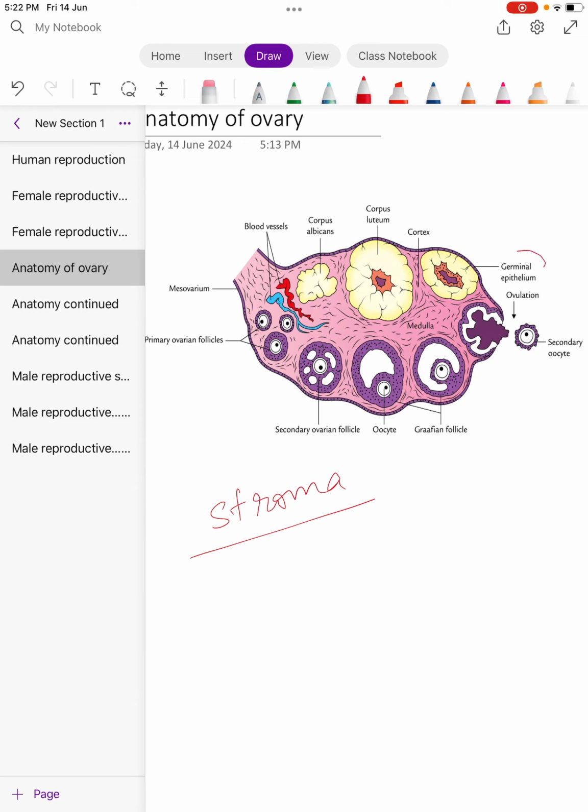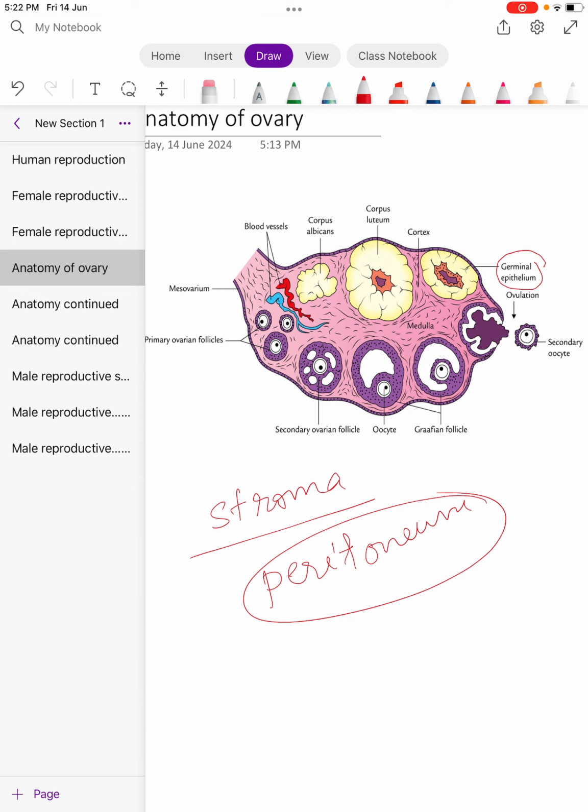You can see here the outer layer is the germinal epithelium, followed by a layer called visceral peritoneum. So the connective tissue layer is the stroma, after that the germinal epithelium, after that the peritoneum.